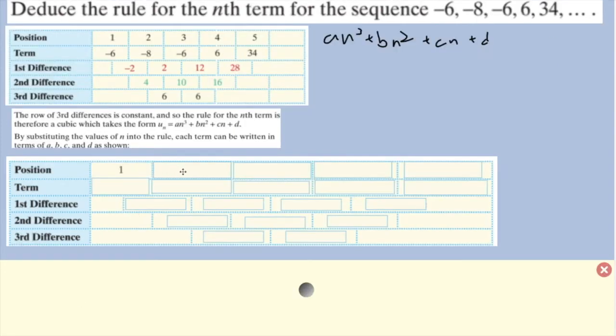So let's go through, and so I know if I plug a 1 into this, I'm going to get 1 cubed is just 1, so 1a plus 1b, because 1 squared is just 1, plus 1c, because it's just 1, plus d, so a plus b plus c plus d.